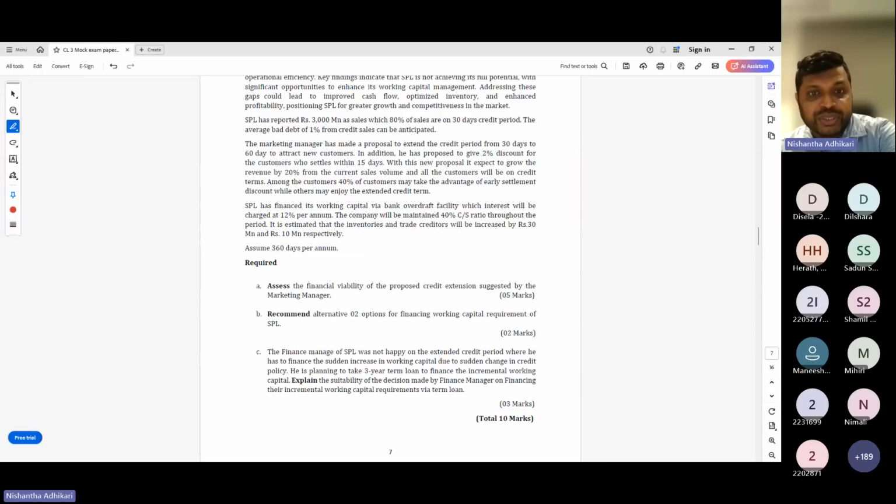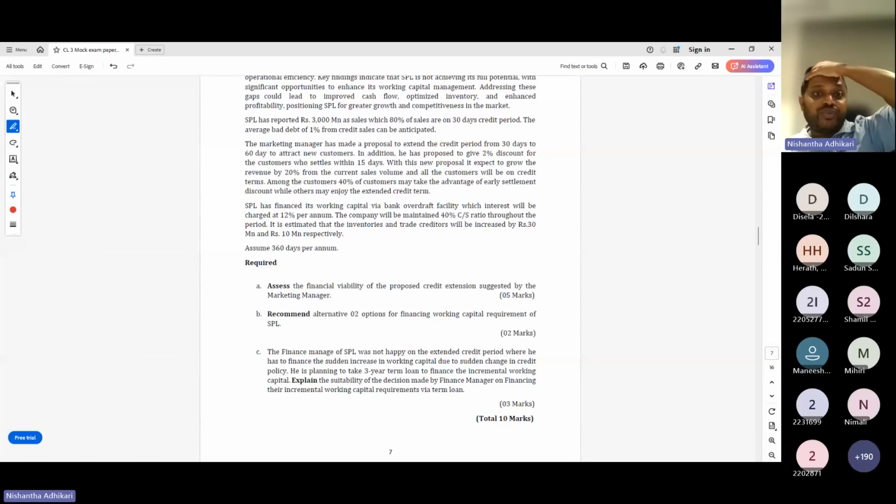The finance manager of SPL was not happy with the extended credit period, as he has to finance the sudden increase in working capital due to the sudden change in credit policy. He is planning to take a 3-year term loan to finance the incremental working capital. Explain the suitability of the decision made by the finance manager on financing the incremental working capital requirement via term loan. Right, it's a working capital question, receivable management.